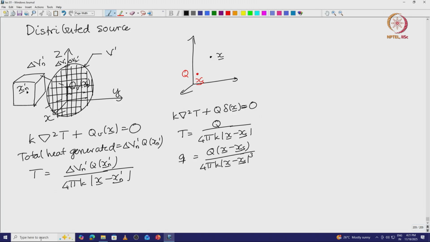And if I sum this over all of these volumes, n is equal to 1 to n, over all of these differential volumes, in the limit as delta V n prime becomes small, if you take the limit as the volume goes to 0, this just becomes an integral, dV prime qV, this is a volumetric source, qV of x prime, by 4 pi k into modulus of x minus x prime.